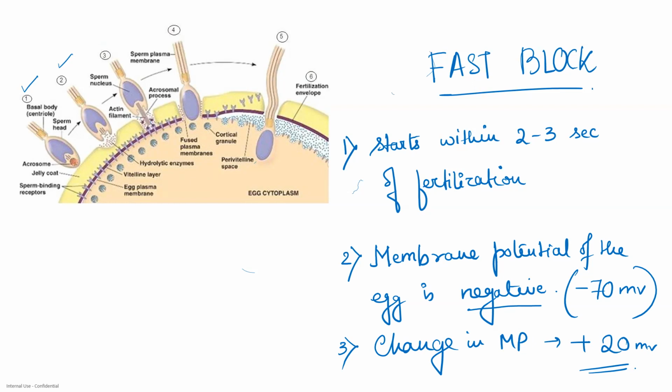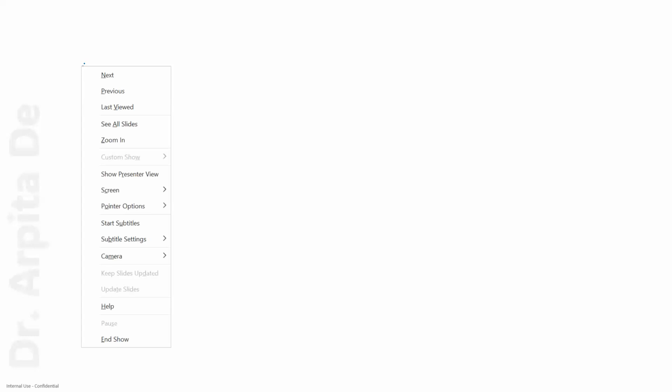So this minus 70 millivolt changes to plus 20 millivolt. How is it happening? It changes the membrane potential of the egg as influx of sodium ion from the sea occurs.